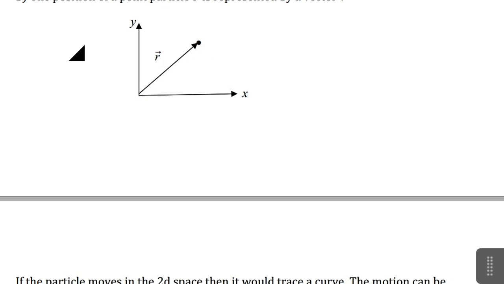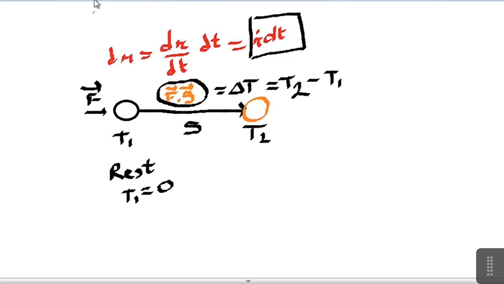Now say the object takes a complicated motion. Let me give you one simple motion. Say this is my y-axis and this is my x-axis. Now consider here is my object.